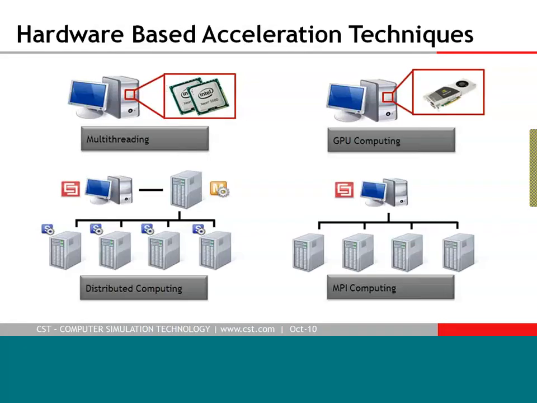The techniques to accelerate the simulation are different. You might have multi-threading, multi-CPU and so on, but I think this is quite straightforward now. And we might have GPU computing, or distributed computing or MPI, what is called clustering and so on.